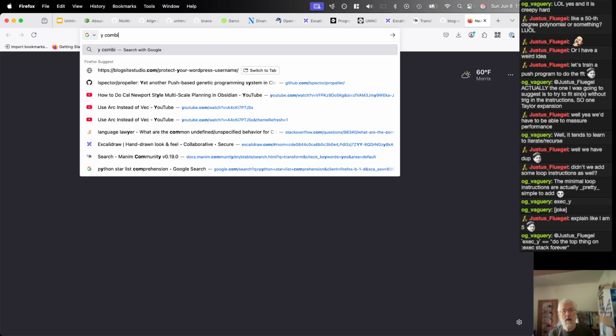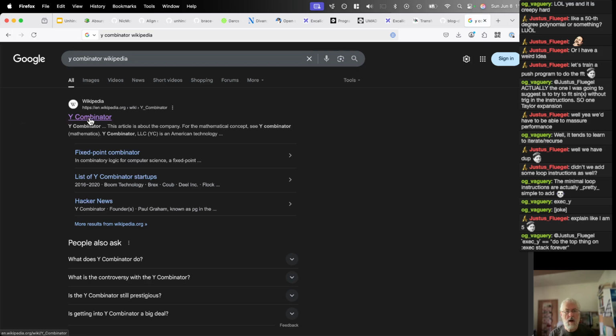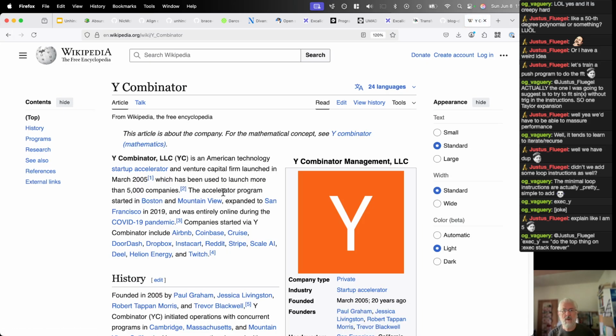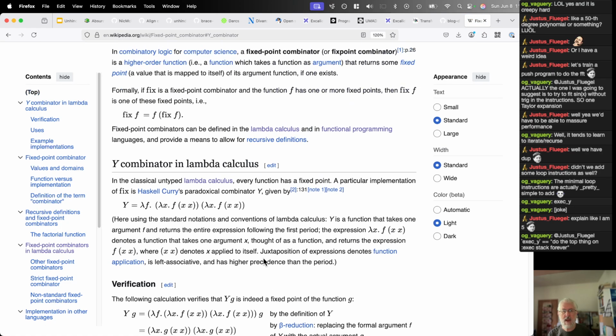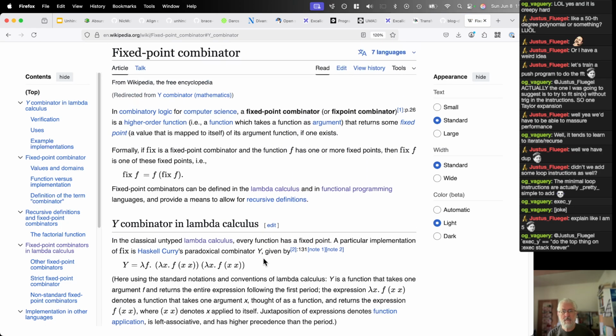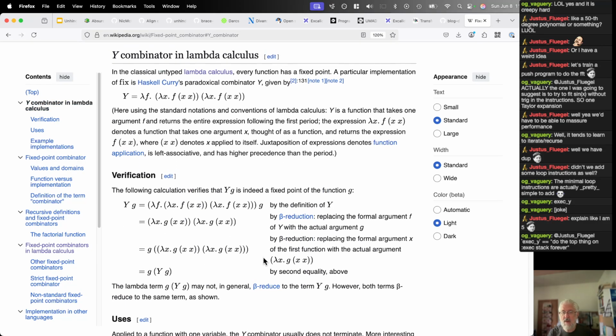Y Combinator, Wikipedia. So this, oh no, I don't want that. This is what I want. There we go. So there are these combinators in lambda calculus, and one of them, which is theoretically very interesting, is the Y Combinator, which lets you create anonymous recursion.